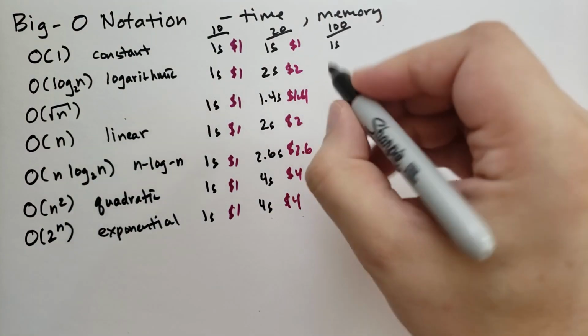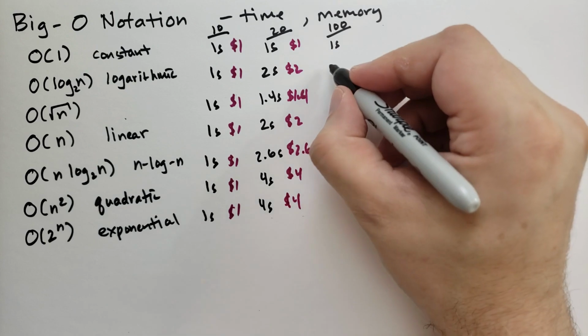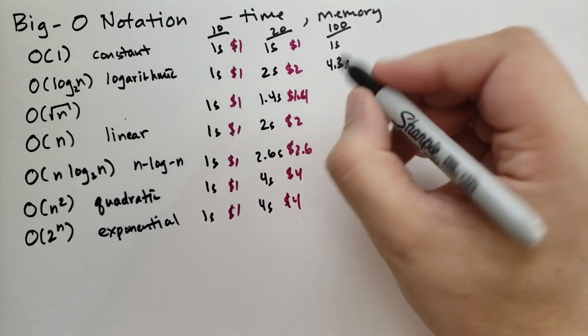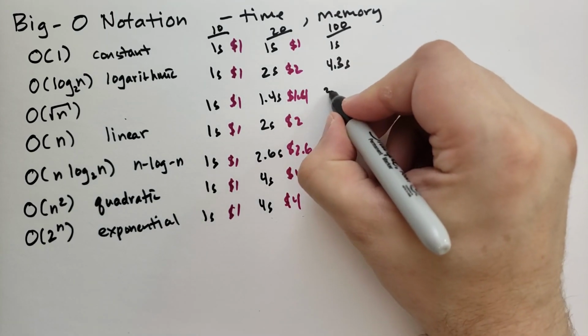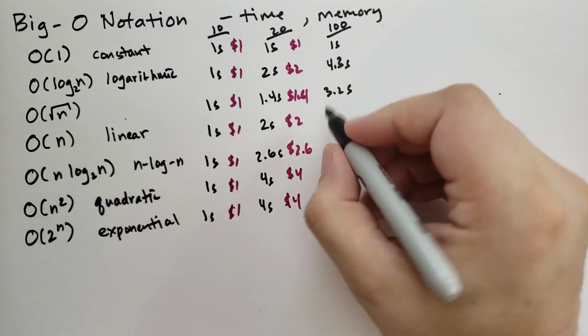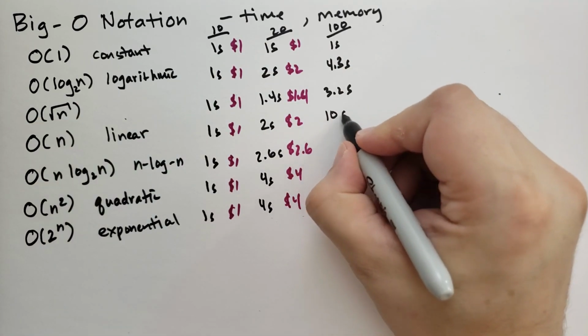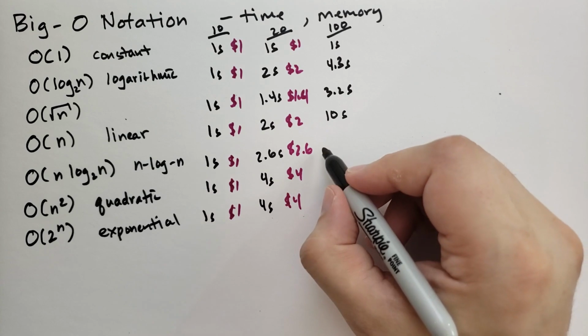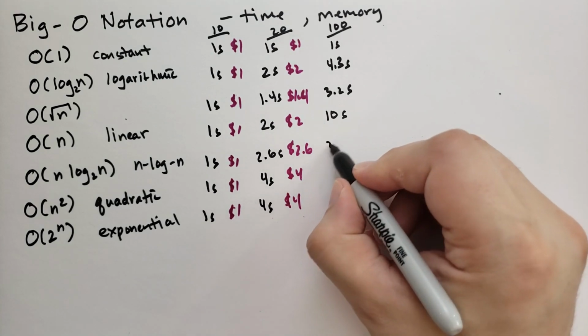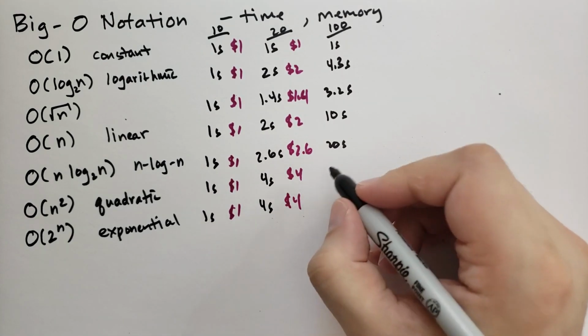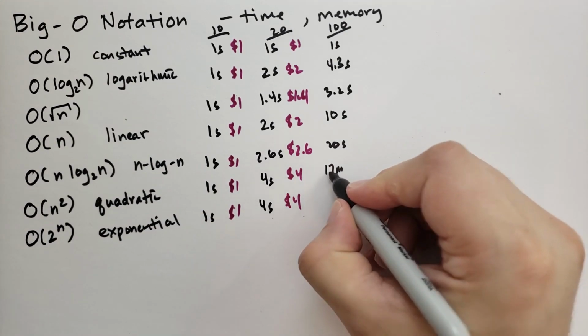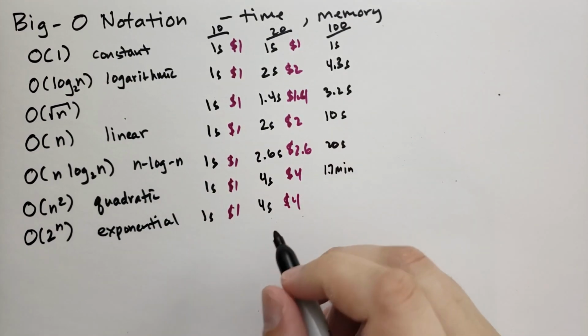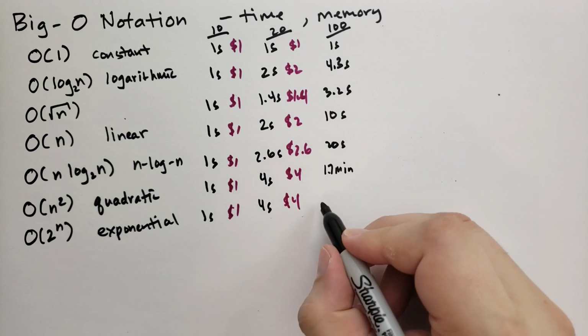It still takes 1 second for constant. It will take 4.3 seconds for logarithmic. It will take 3.2 seconds for the square root. Linear time would require 10 seconds. N log n would require 20 seconds. Quadratic would require 1.7 minutes. And exponential time would require 17 minutes.